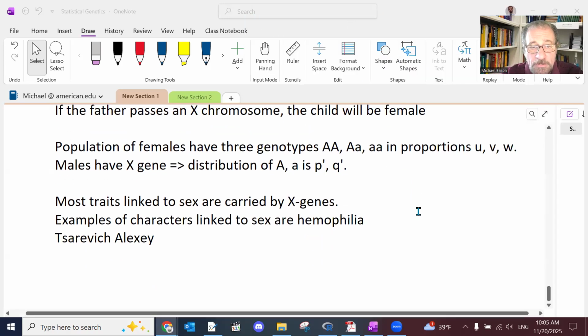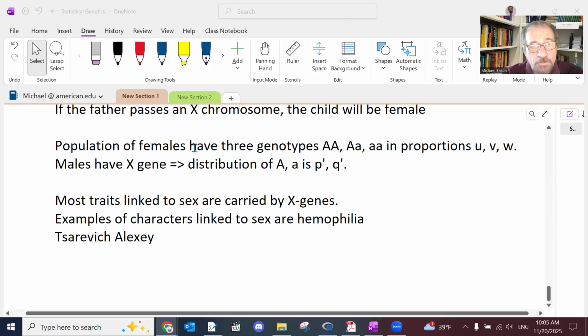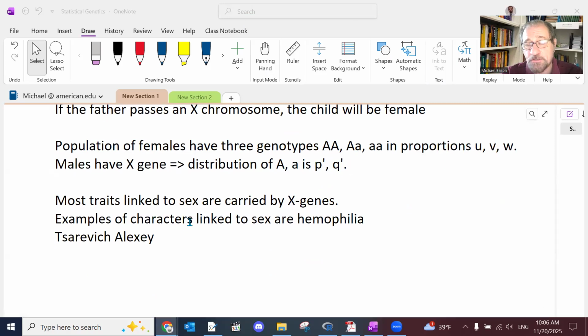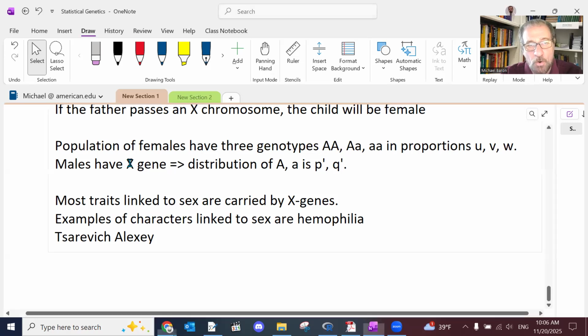Historical fact, so fathers cannot transmit any sex-linked feature to sons. Most such features are associated with X genes, and X genes are always received from the mother.